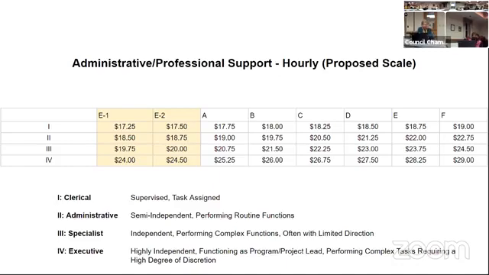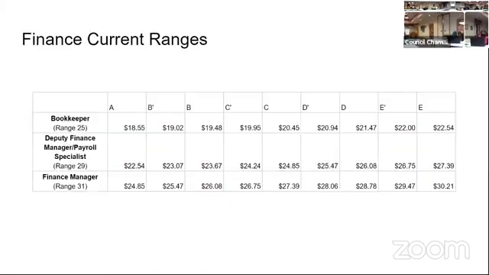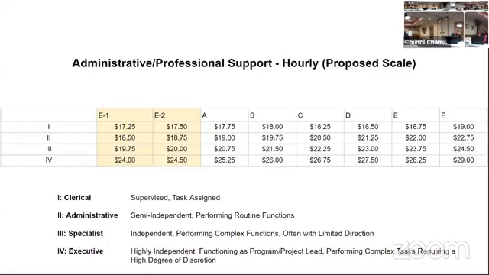Sophie, I'm having a little trouble making the transition from the finance current ranges to the administrative professional support hourly proposed scale. Yep. So if you look at that, for example, I would put our bookkeeper on as a specialist. And I would put our deputy finance director as an executive on there. That, to put them on the same pay scale.